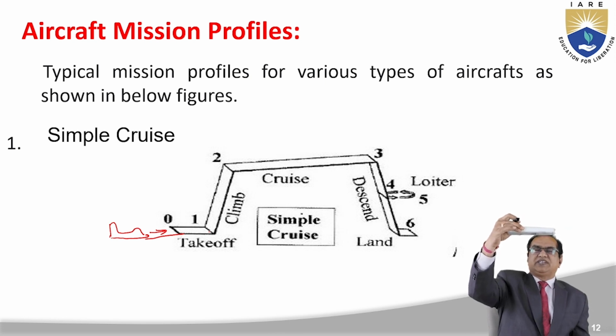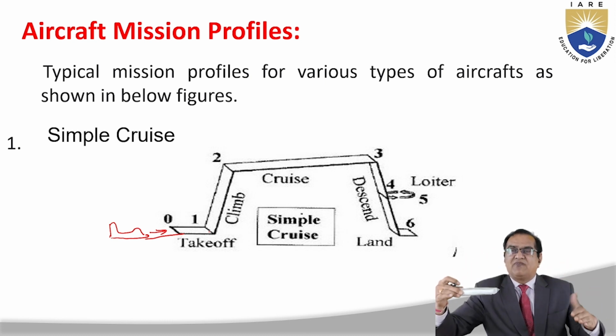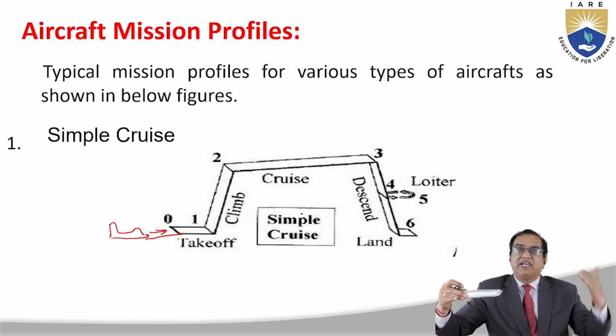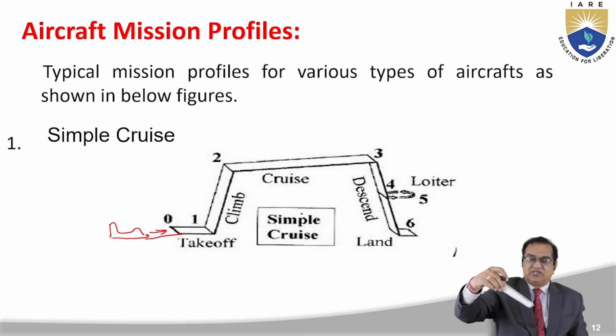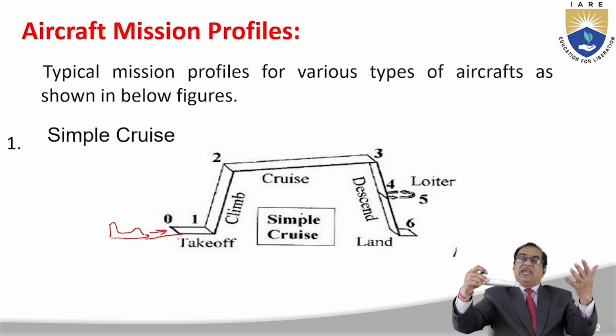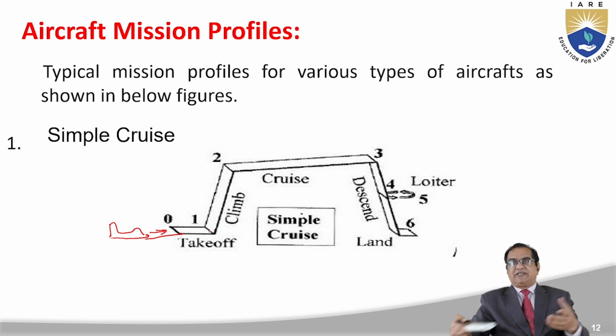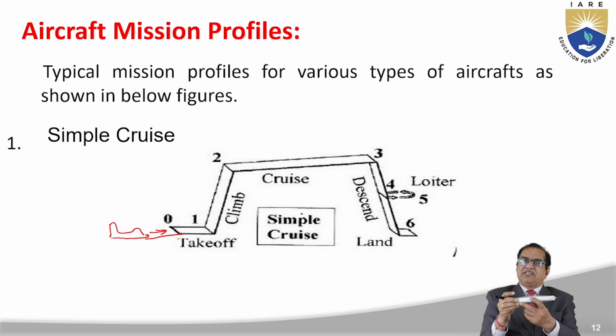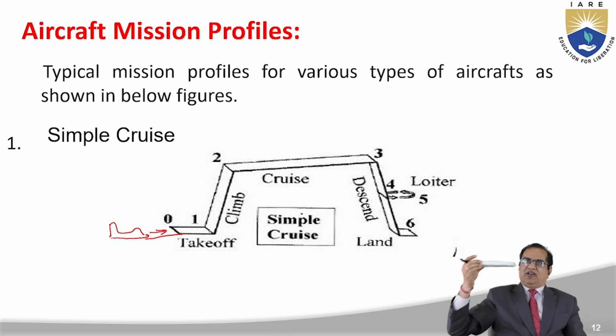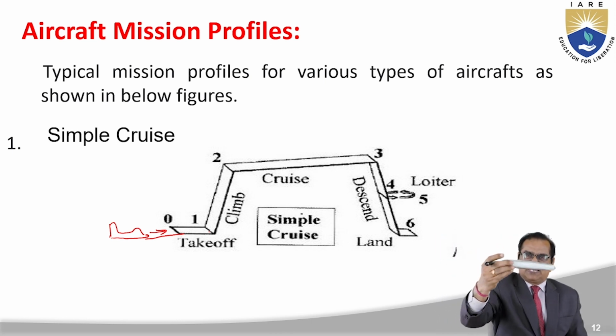As and when it is required to land on the same runway or another runway, it has to descend. So this is the descent. And if ATC is not giving permission to the pilot, ATC will tell it to go around the airport, and your aircraft will go like this, like this.